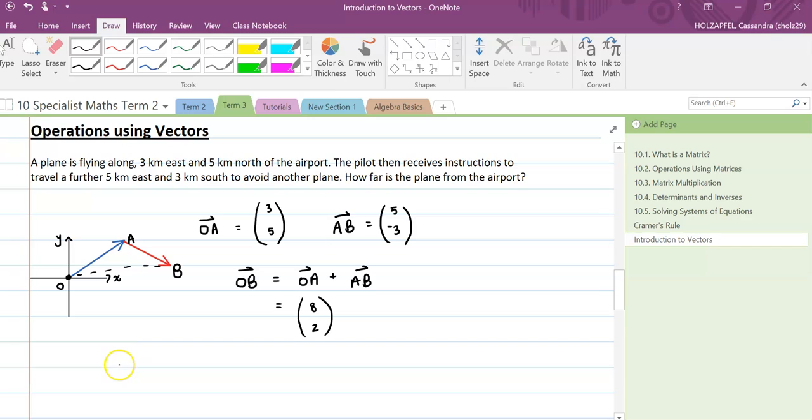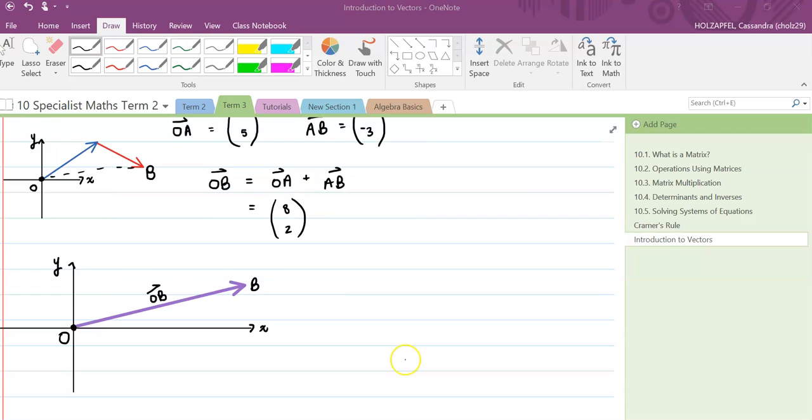Now what I need to do is find the magnitude of this vector. This is where it gets a little bit tricky, but we can actually use something that we're already familiar with to find this length. I'm going to draw a second diagram just so you can see a little bit easier what's going on here. As we said before, this vector is already broken down into its components because this X component along here is going to be equal to 8.